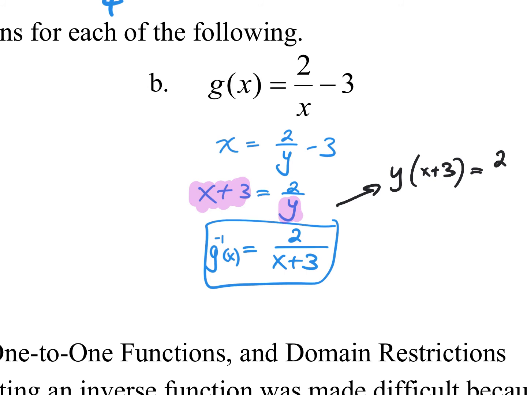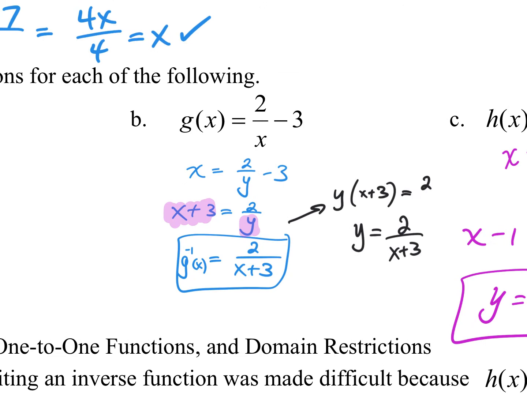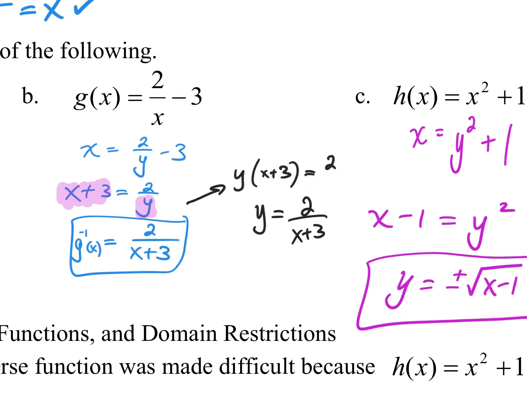Right, so I cleared that y off the right-hand side of my equation, then divided both by x plus 3. Just to make sure you guys saw that move. So we have our inverse. You can see there, the inverse of g of x is 2 over x plus 3.